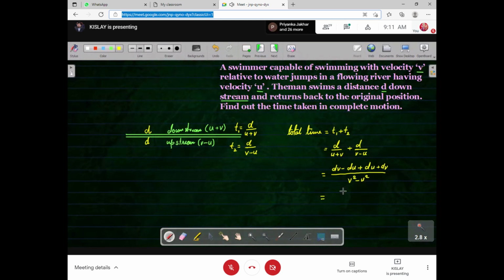The du will cancel out, there is 2dv upon v square minus u square. This is the answer.